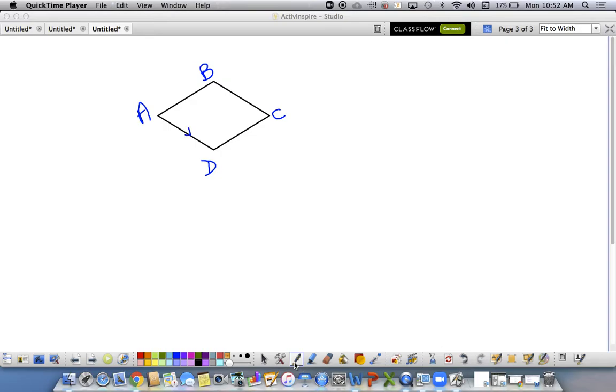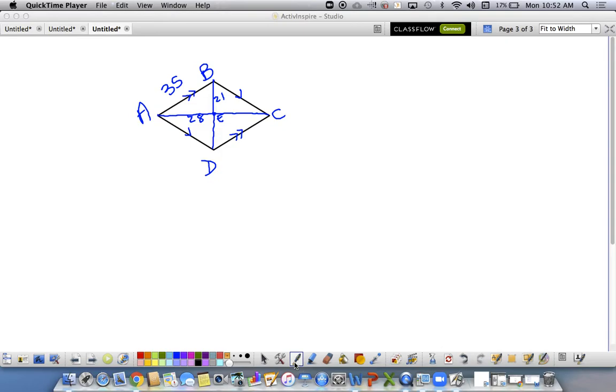I tell you that this side is parallel to this, and this side is parallel to this. So I tell you it's a parallelogram. And I tell you a few side lengths. I tell you that A to B is 35. A to E, I put an E in the middle. A to E is 28. And B to E is 21.